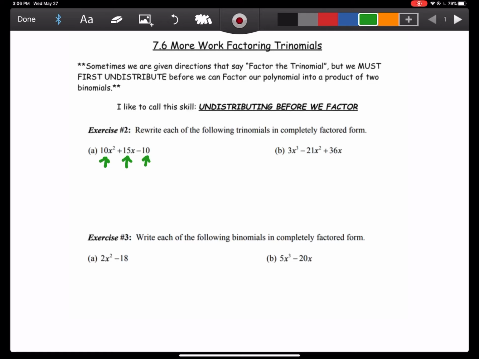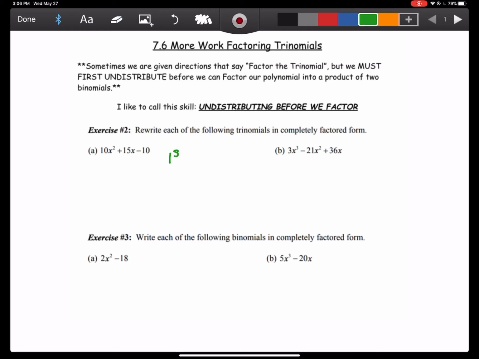So each of the terms, something jumps out at me. And when I notice that they share a common factor, that is the clue that I need to take out the greatest common factor. Okay? I want to take it all out. I want to take one thing or maybe a couple things out of each term. So we're going to call this the undistribute step.